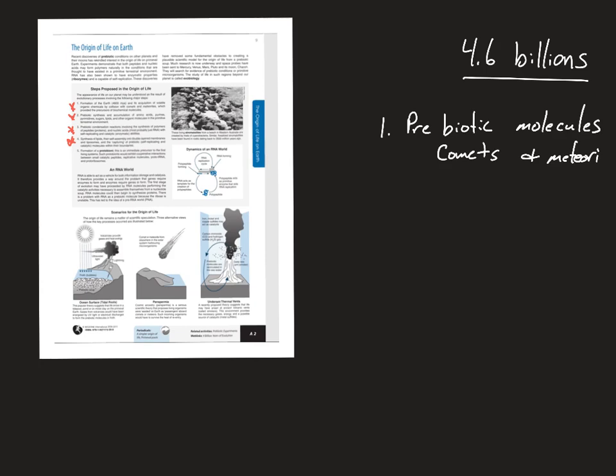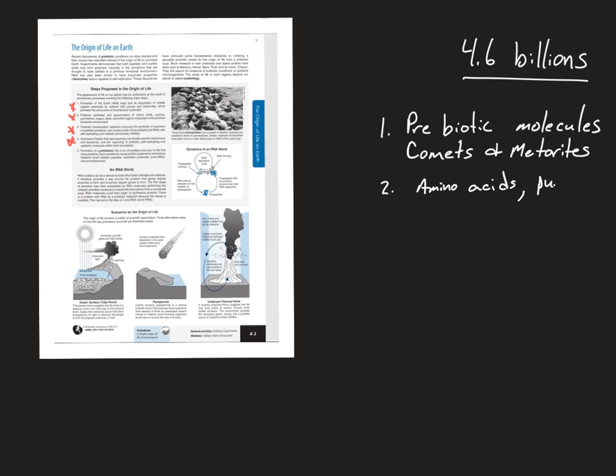Hitting the Earth and seeding, if you will, the Earth with these precursor molecules. The next is that through some changes, through some high energy exchanges and under the right conditions, we saw that you could accumulate things like amino acids, purines.